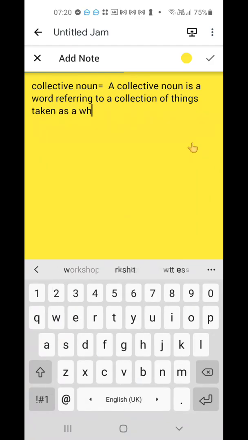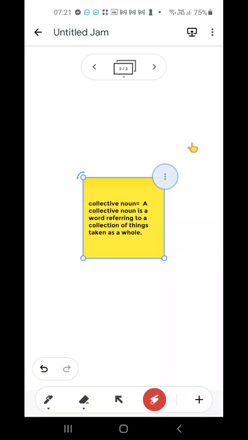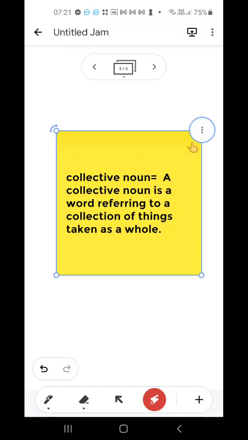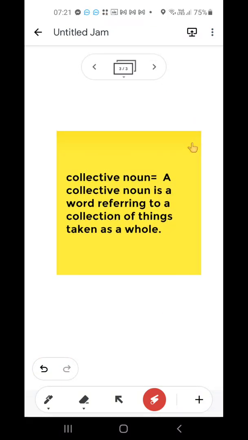As a whole. You can say they are the names for a collection or number of people. This is enough. I think this definition is enough. So what is a collective noun? A collective noun is a word referring to a collection of things taken as a whole.